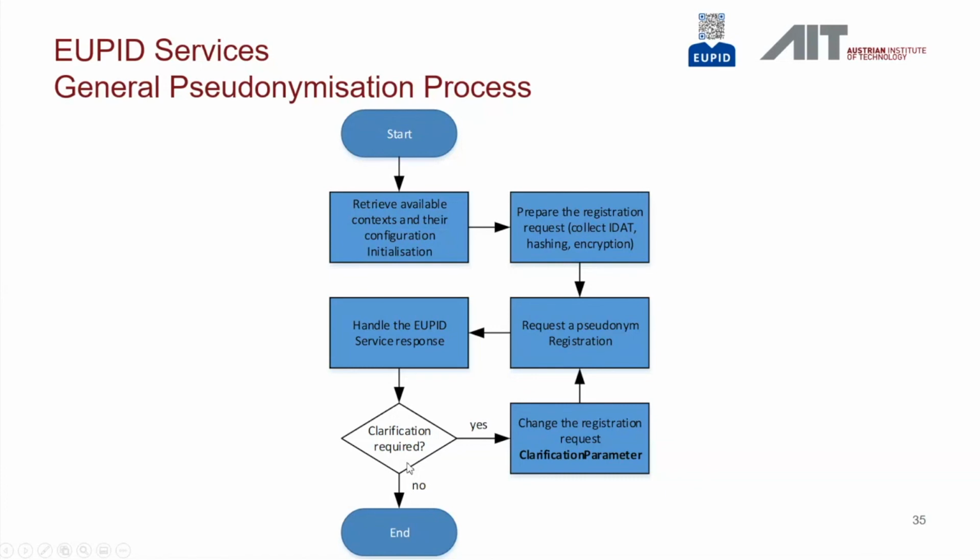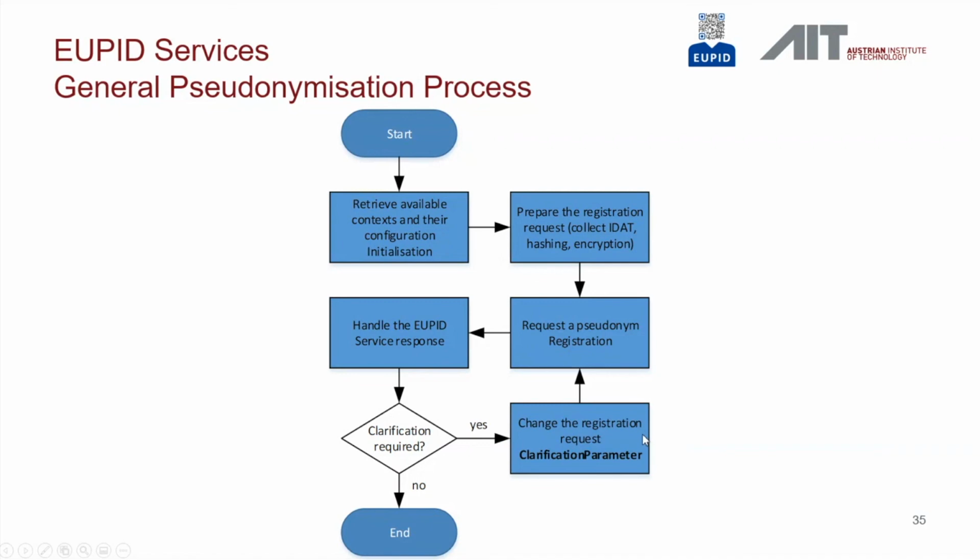We do a lot of checks within the EUPID service, so we try to get out spelling errors, typing errors, and then we are asking for clarification, and this is specified, what you have to do, and this is checked in the verification process. So this has to be implemented, and if you are asked for clarification, you have to change things accordingly and call the registration again.